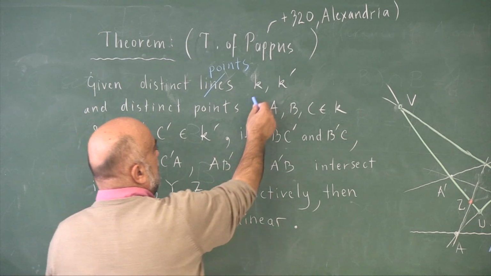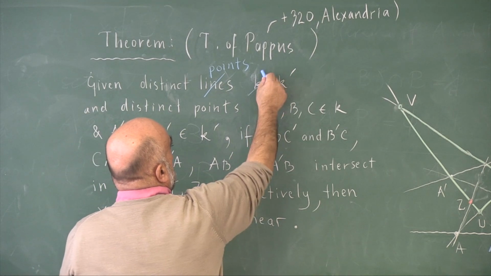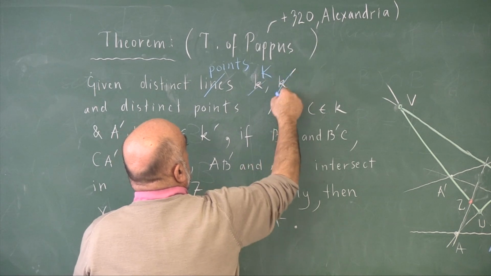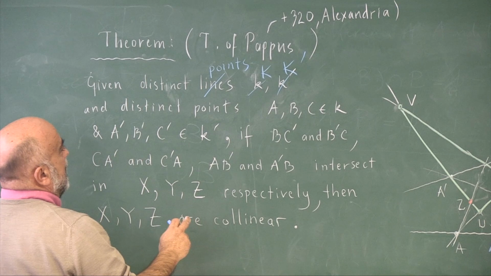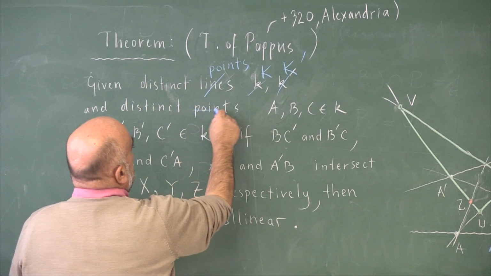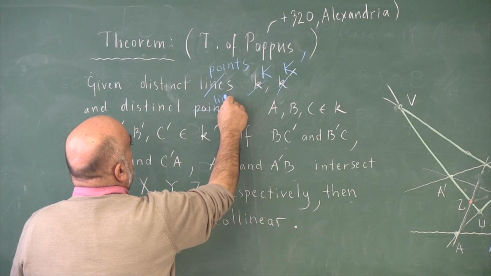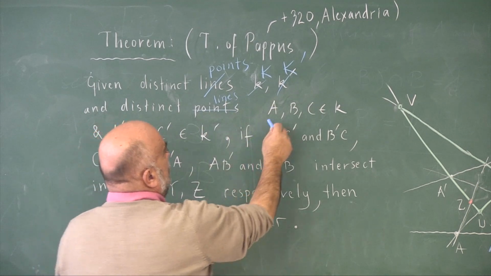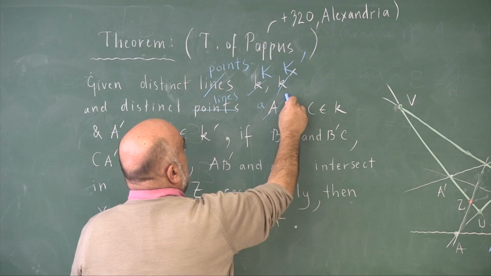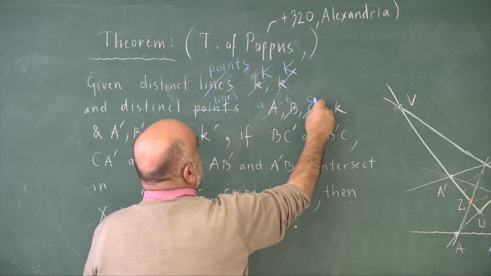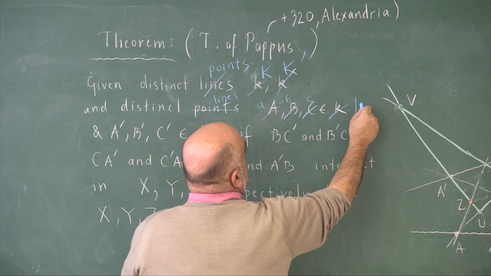So instead of lowercase, I will take uppercase. So given distinct points K prime and distinct lines, instead of point A, I will take line A, line B, line C.